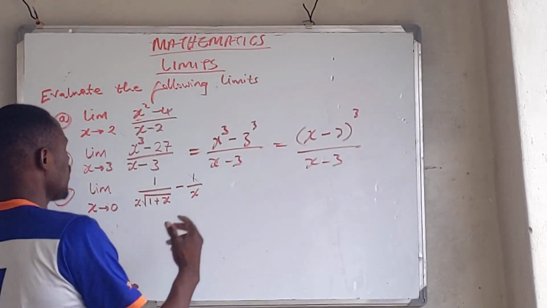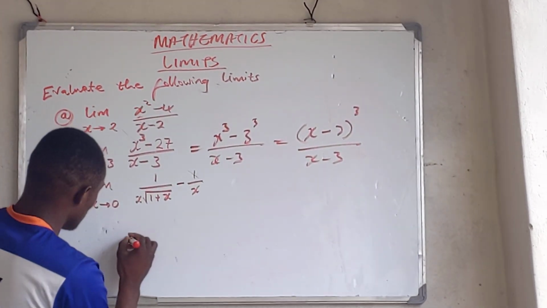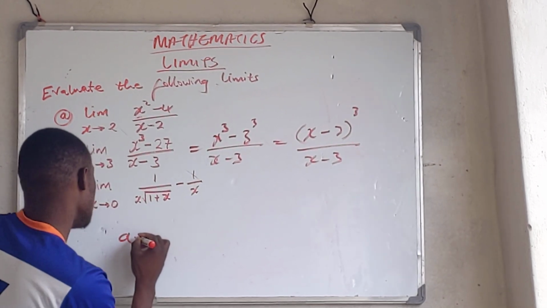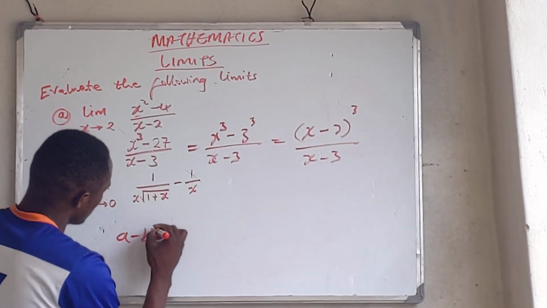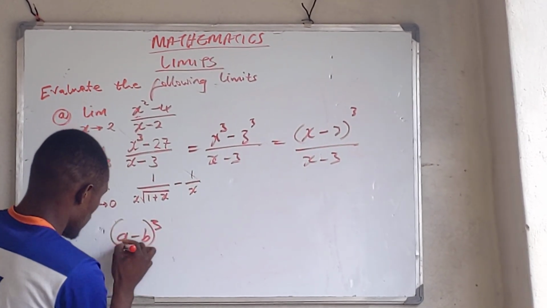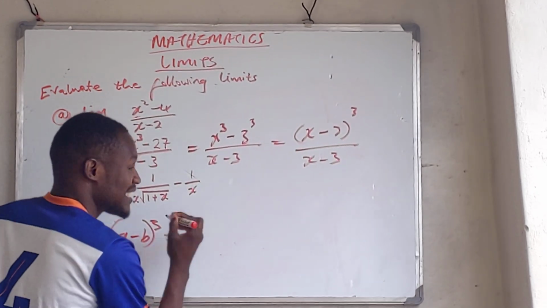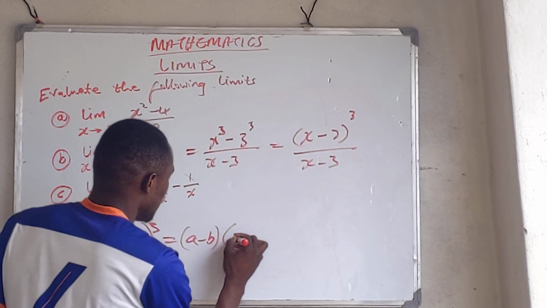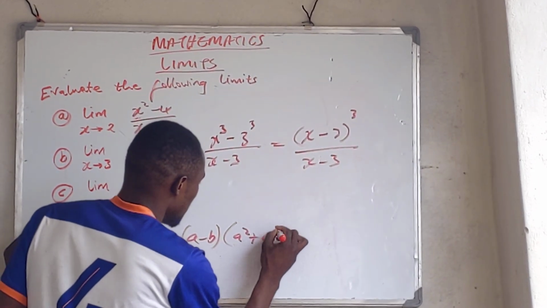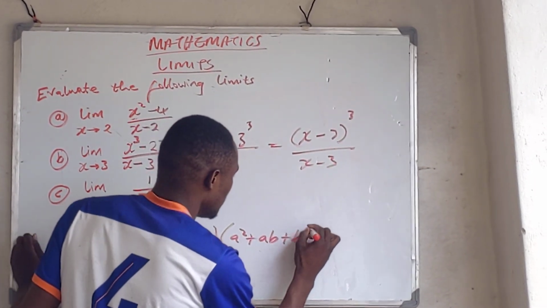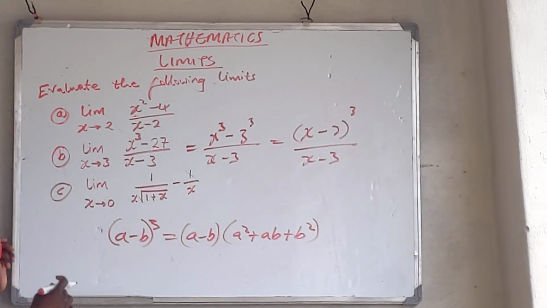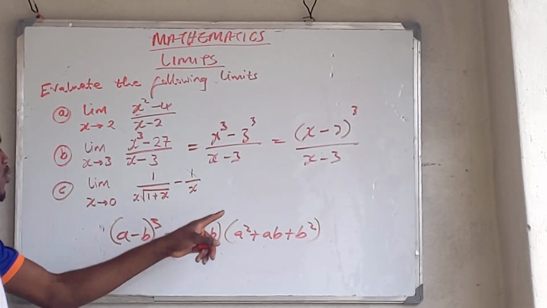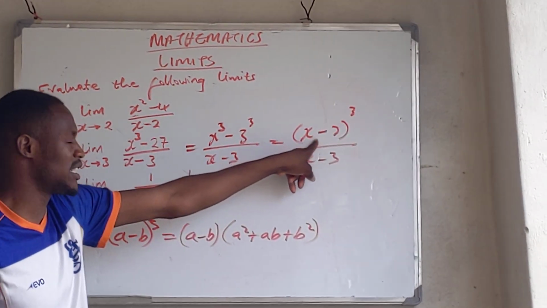Now, we know that a to the power 3 minus b to the power 3 is exactly the same as (a minus b)(a squared plus ab plus b squared). Since we have this concept, we'll go ahead and use it here.